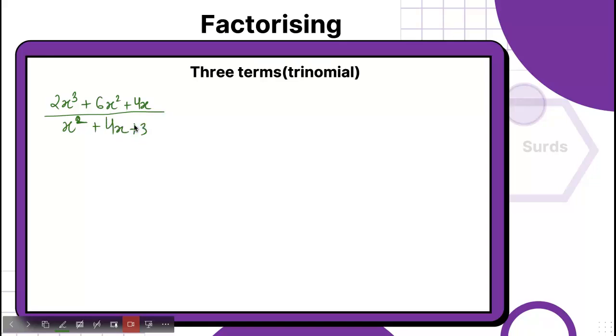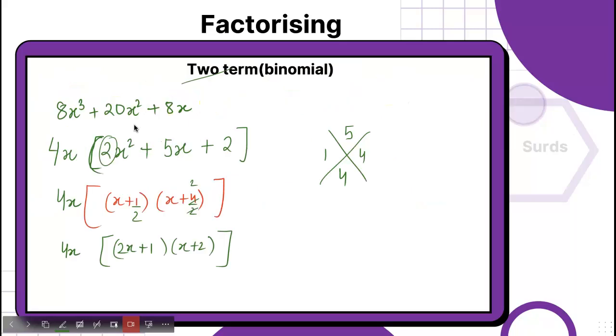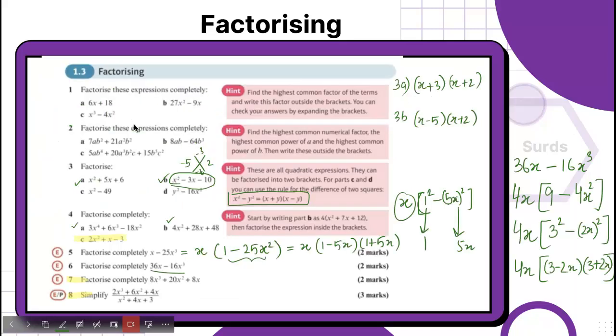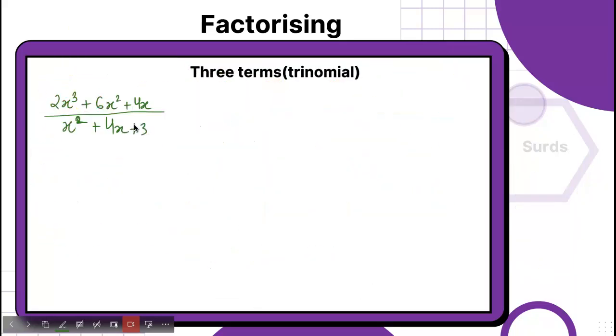I think it's correctly copied. 2x cubed, 6x squared and 4x. Yeah, fine. So you would be understanding, like from the top one we just have to take x and 2x common basically. If you take 2x common, you will be getting x squared plus 3x plus 2.